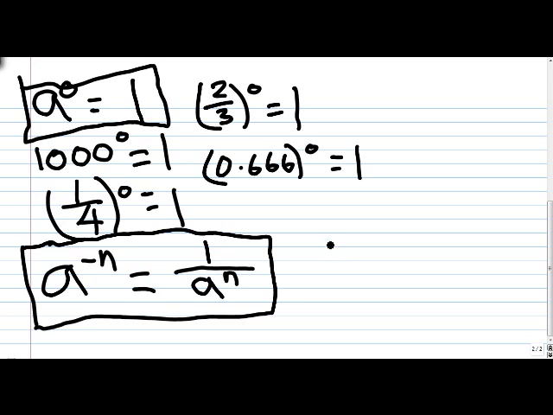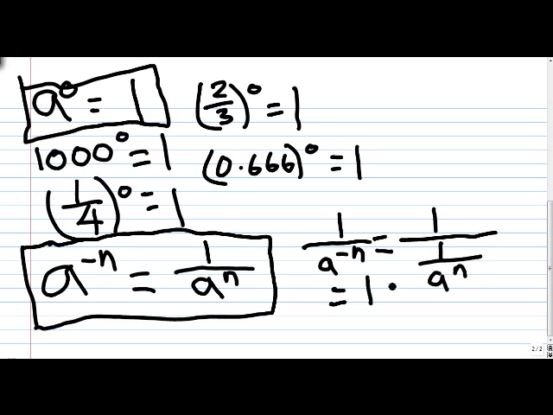Alright, let me give you another scenario. Let's say you have 1 over a to the power of minus n. You can represent this as a to the power of n, because this essentially means 1 divided by 1 over a to the power of n, which equals 1 times a to the power of n.